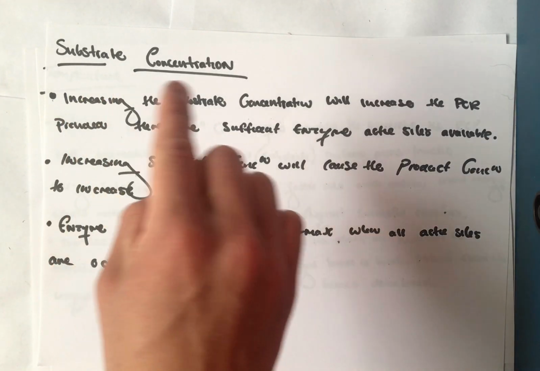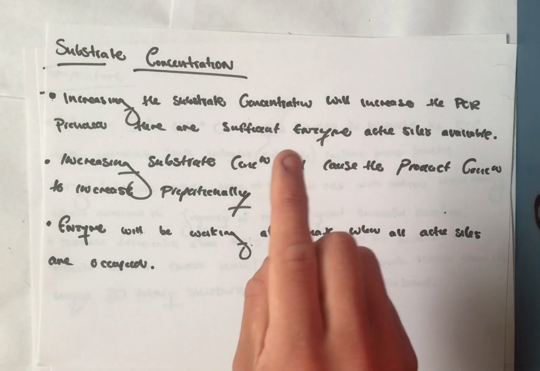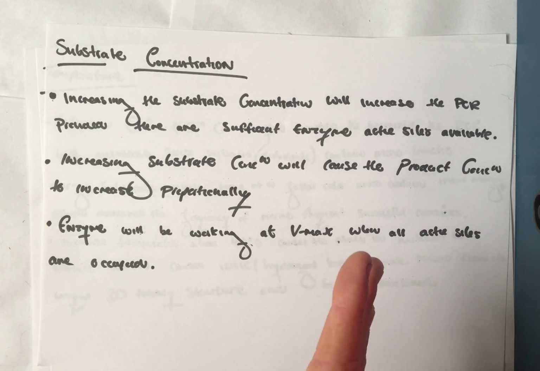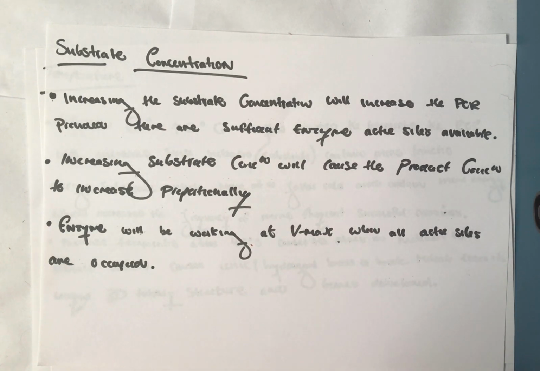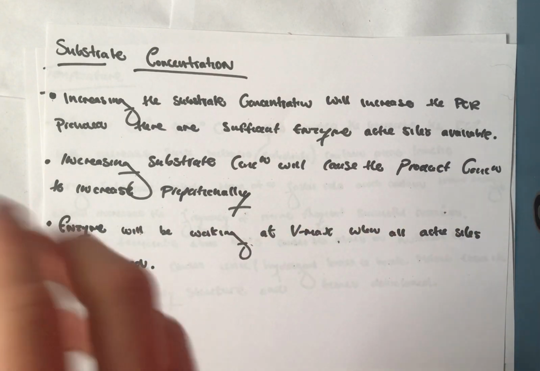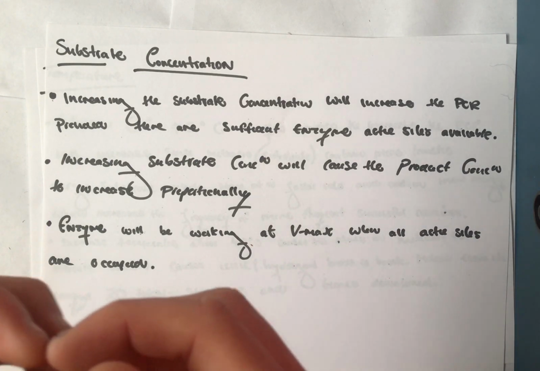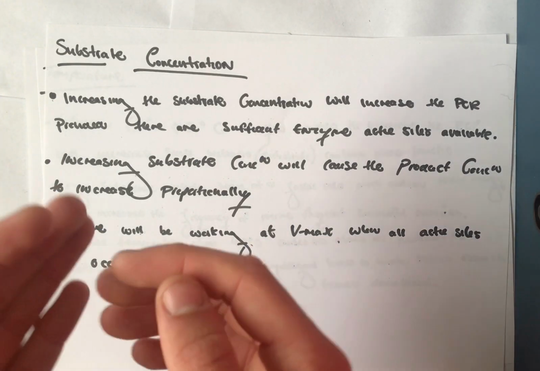However, notice how we said provided that there are sufficient enzyme active sites. Increasing the substrate concentration when there are insufficient enzyme active sites will not increase the rate of reaction, because it will cause the rate of reaction to plateau. Increasing the substrate concentration doesn't do anything if there are not enzyme active sites available in order to break those excess substrate molecules down.